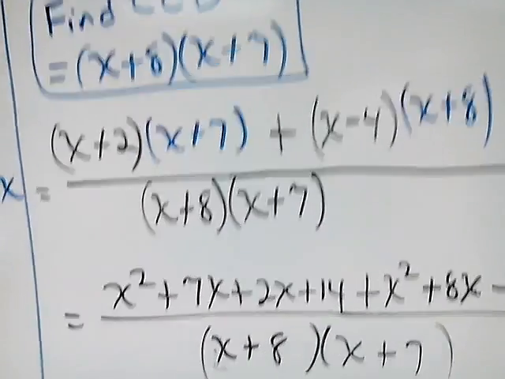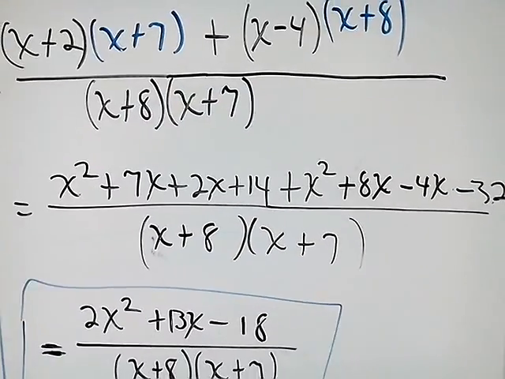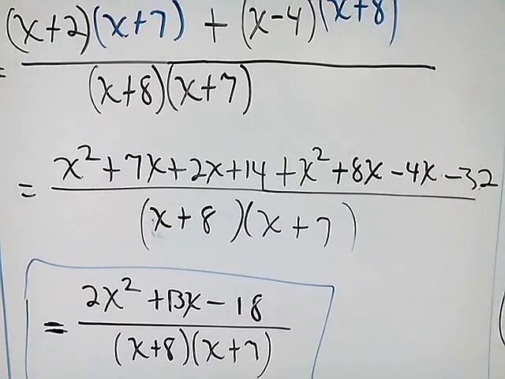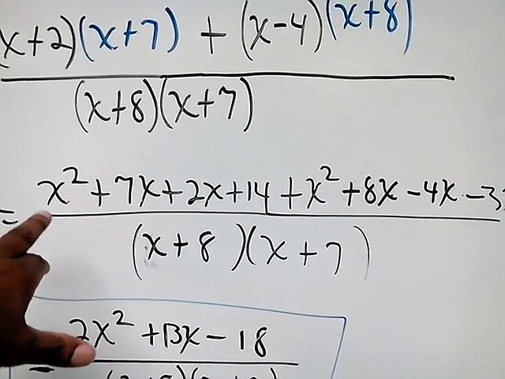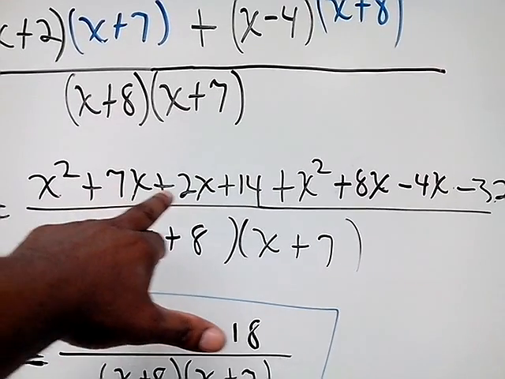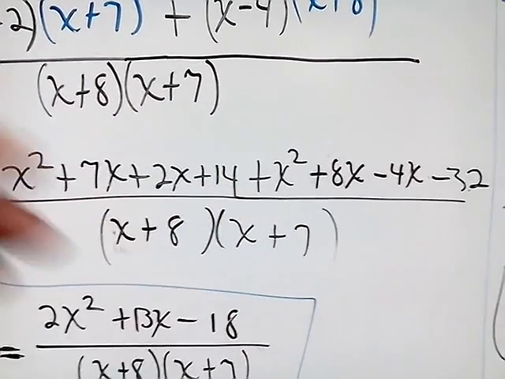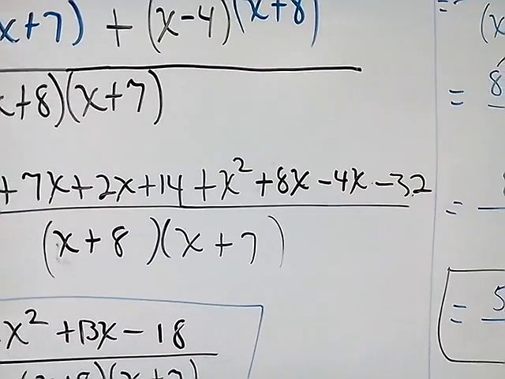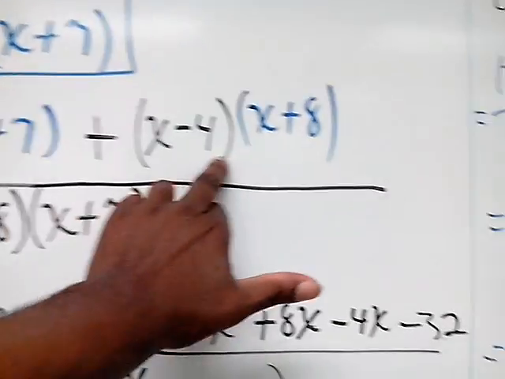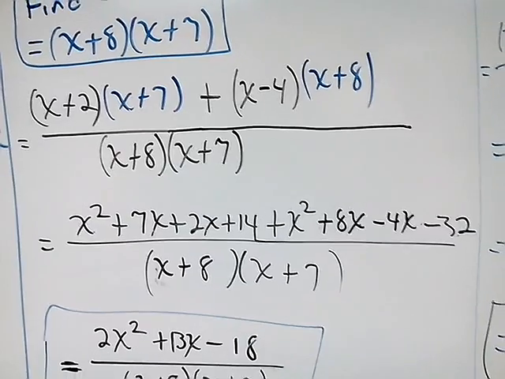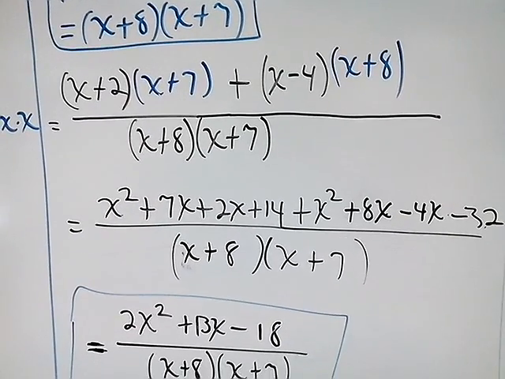We use the FOIL method to come out with x squared plus 7x plus 2x plus 14 plus x squared. So we basically use the FOIL method on both of these, and then go back and combine the like terms.